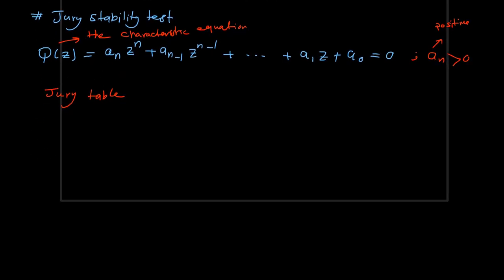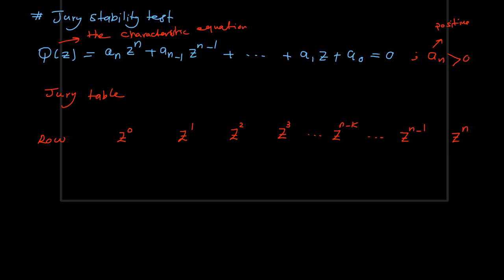Let's start here with rho. And here let's assume we have z to the power 0, z to the power 1, z to the power 2, z to the power 3, until z to the power n minus k, z^(n-1), and finally z to the power n.